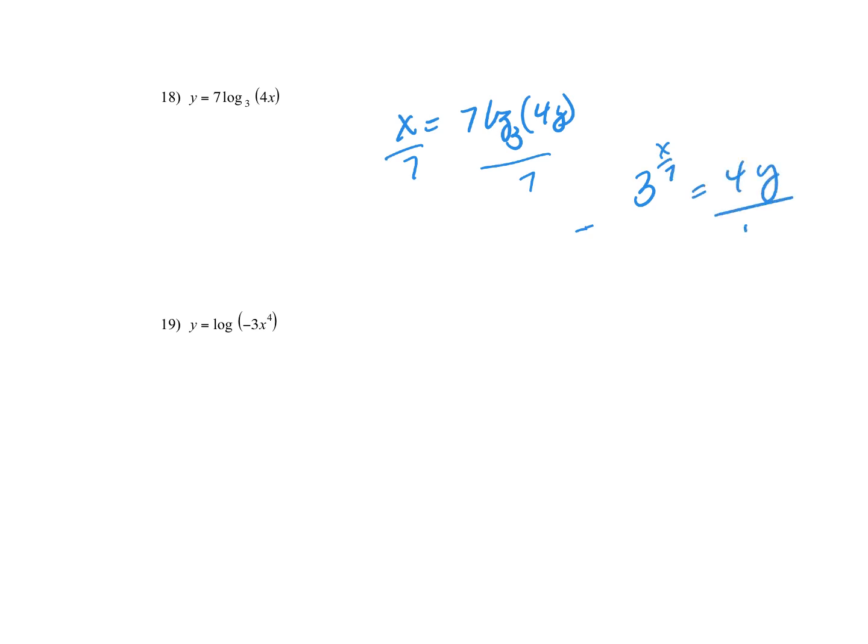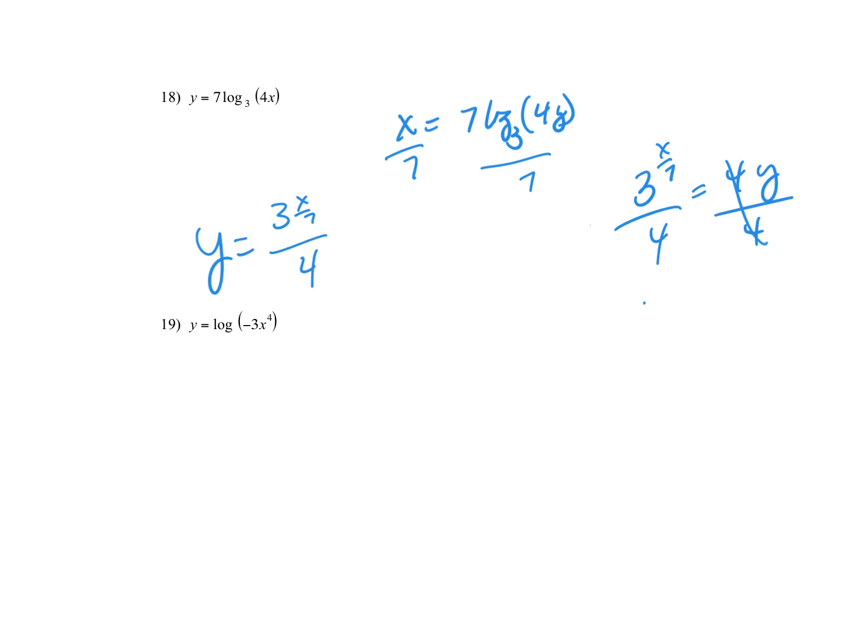But then you have to leave the y alone by dividing by 4. And you should get that y equals 3 to the x over 7, put a 7 there, over 4.